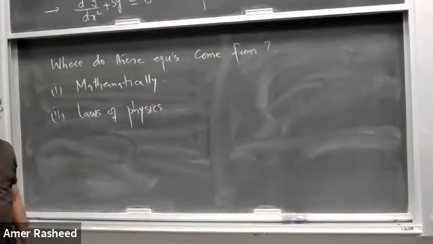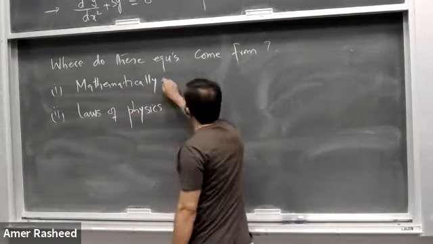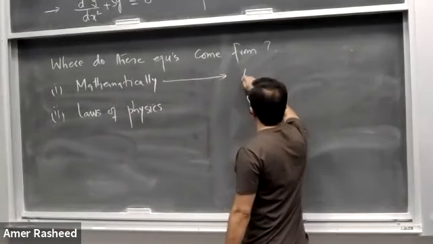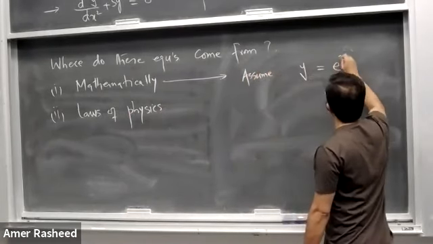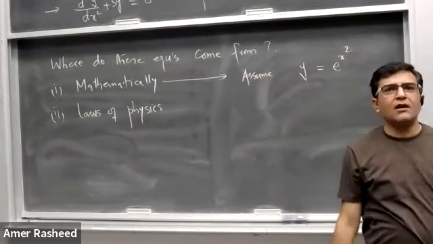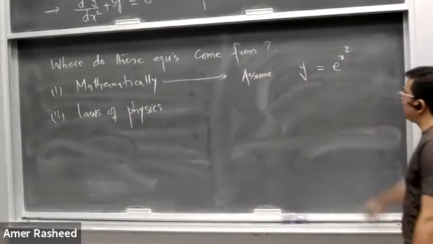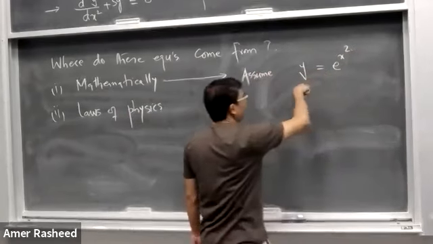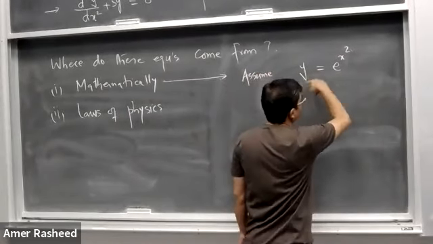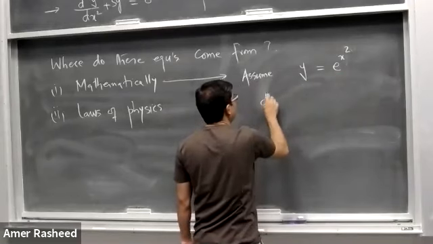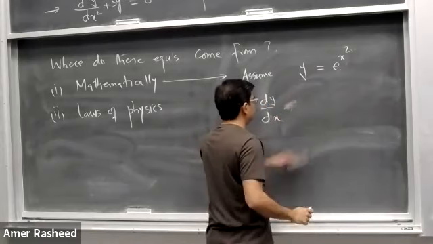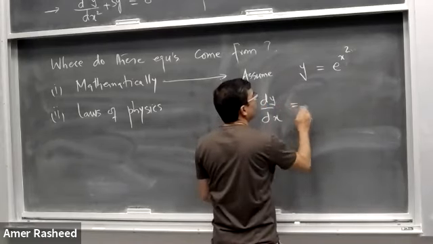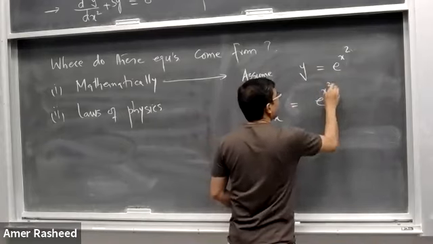If I discuss mathematically, then assume that we have a function y equal to e raised power x squared. Take the derivative of this function. Here we have y as the dependent variable and x as the independent variable. If we take its derivative, dy by dx is equal to e raised power x squared into 2x.